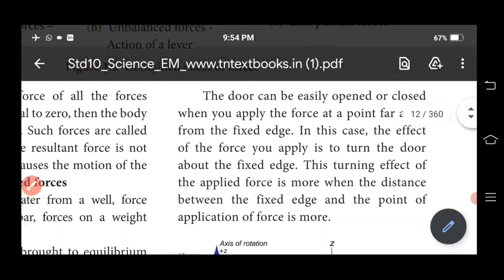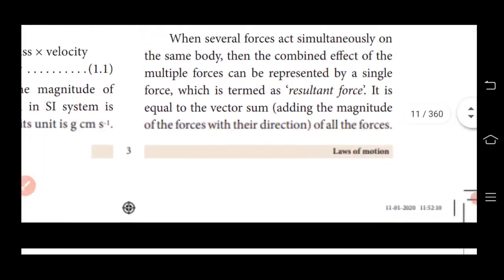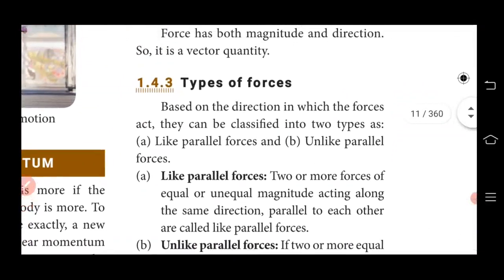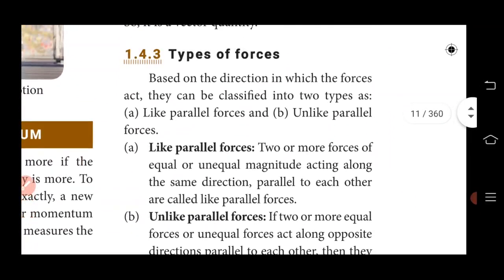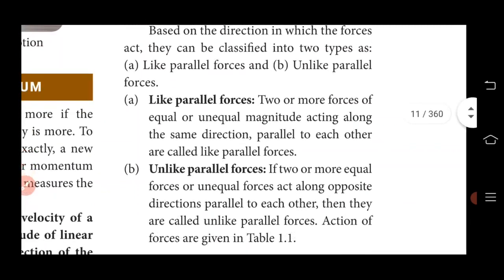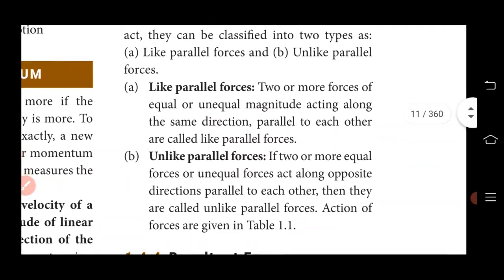Students, up to this enough. Once again, let me recall our today's topic. Today we discuss types of forces. There are two types of forces based on the direction: first one is like parallel forces, and second one is unlike parallel forces.